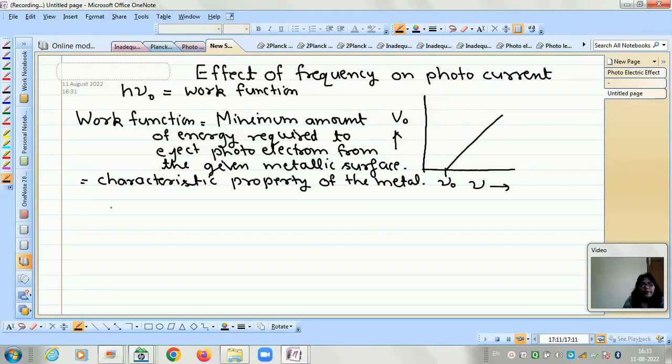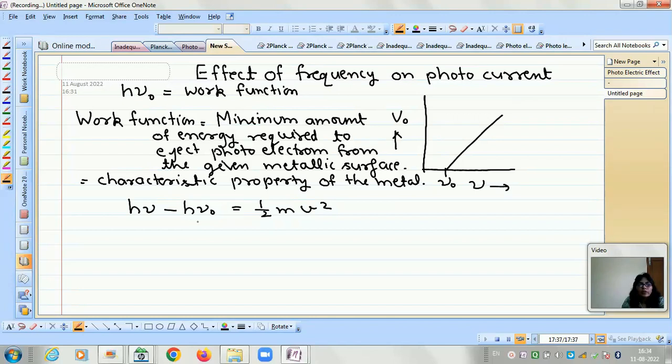Now if we are using light of frequency more than the threshold frequency, that is h nu, where nu is more than nu naught, then the difference of the energy, h nu minus h nu naught, will go into the kinetic energy of the photoelectrons.